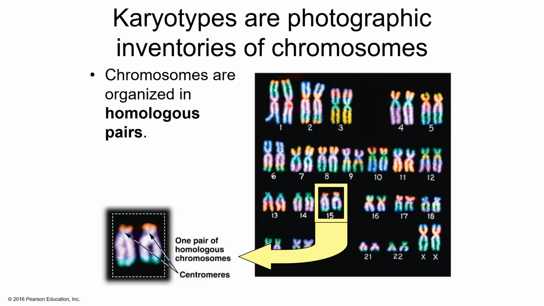So they're not identical, but they basically carry not the same information, but similar information. So for example, if chromosome number 1 is responsible for carrying your hair and your skin color genes, then chromosome 1 from your dad is also going to be carrying the hair and skin color genes.